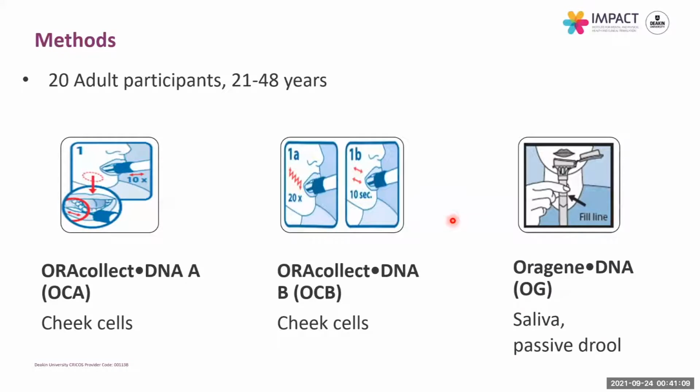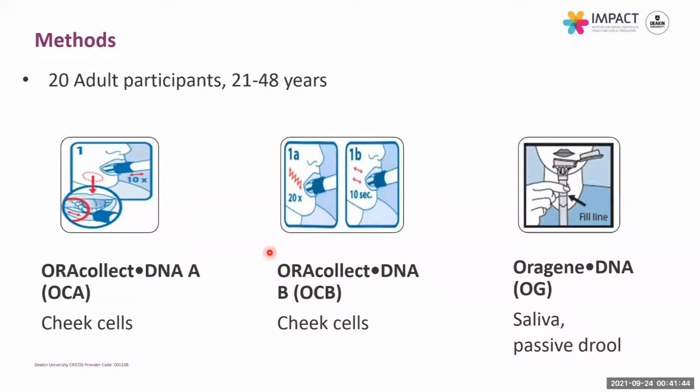Ten minutes prior to sample collection, they were asked to rinse their mouth with water before cheek cell and saliva sample collections. The main difference between OCA and OCB is the time spent rubbing the cheek. For OraCollect DNA A, participants gently rub the sponge 10 times in back and forward motions in the furrow between their lower teeth and inner cheek on one side of their mouth.